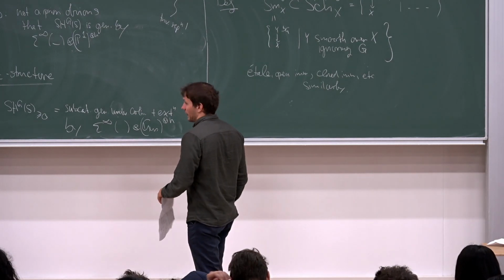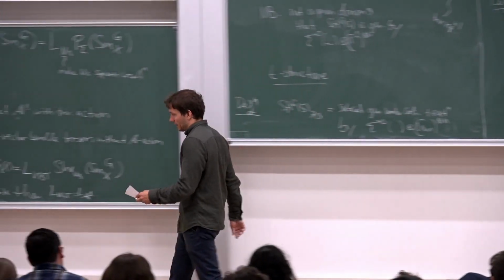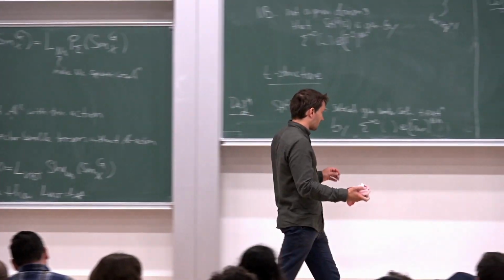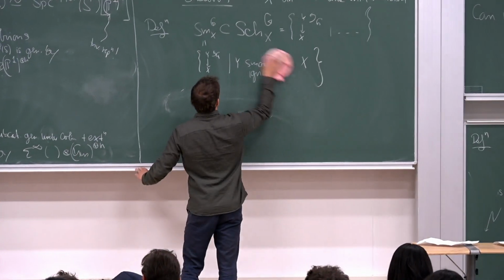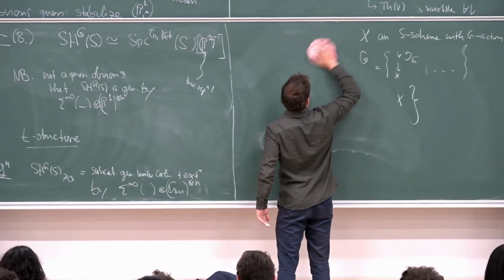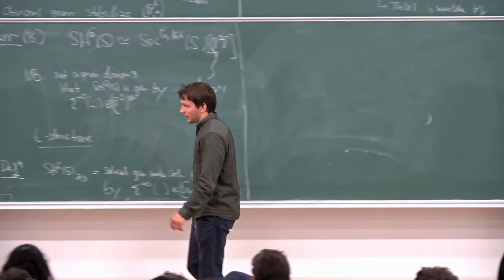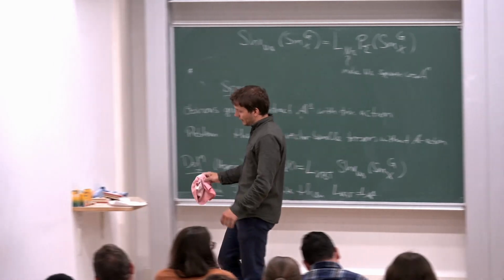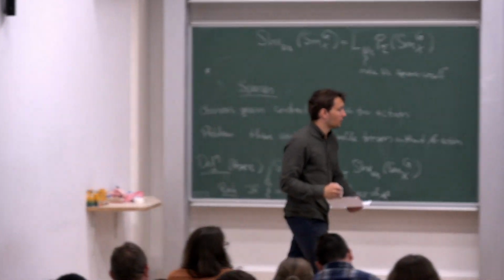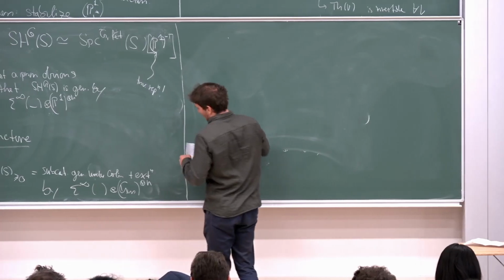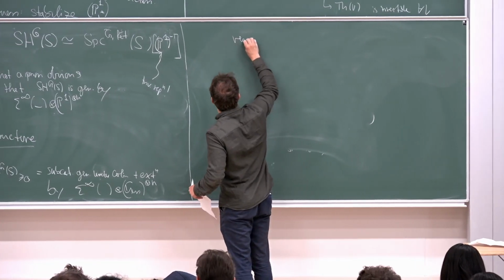I'm not going to be writing much more, but I just want to note that this is very well behaved. For example, in classical genuine equivariant homotopy theory, this T structure commutes with taking fixed points. So it's very well behaved.